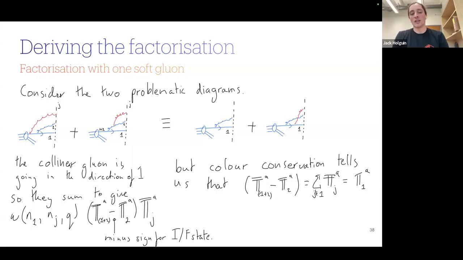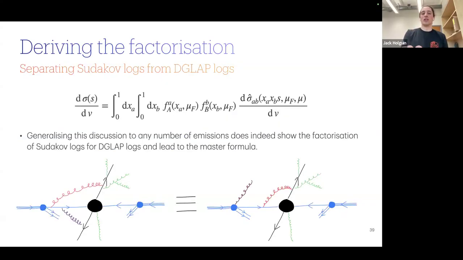And so what's going to be very important is that whatever measurement we make doesn't end up integrating this kinematic factor differently between these two diagrams. If it does, that might break our ability to factorize these two things apart. So the precise statement really is that we can use this formula, provided our measurement is sufficiently inclusive, that we can still do this algebra that I just described, where we can pull the collinear gluon out from the soft gluon.